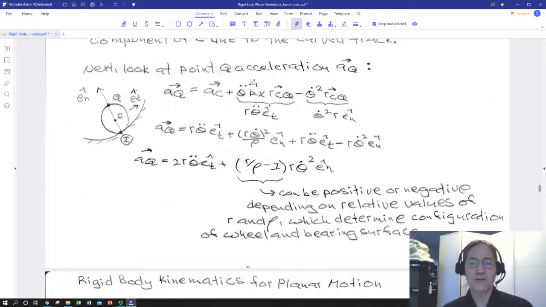We've got the same alpha, we've got the same omega, but this time instead of going from C to I, we're going to go C to Q. That's going to be R C to Q, which is going to end up being little r, the radius of the wheel, in the positive e sub n direction.